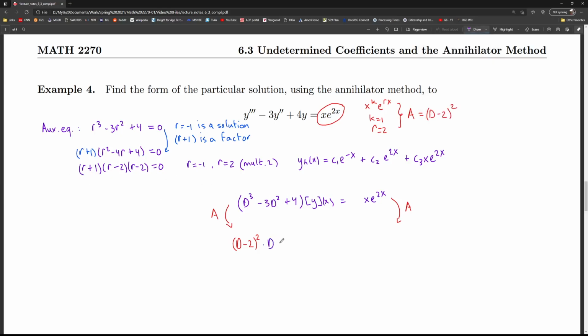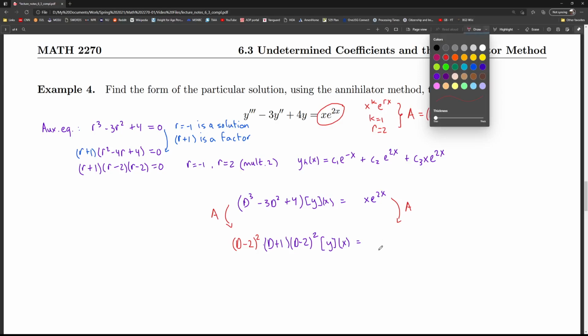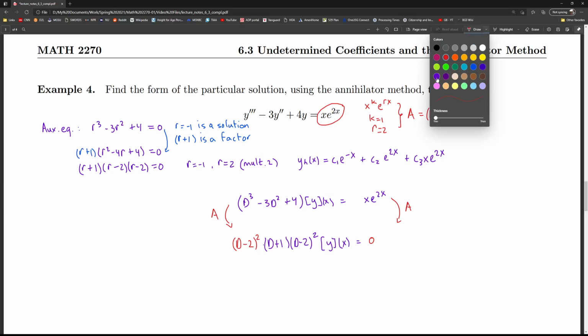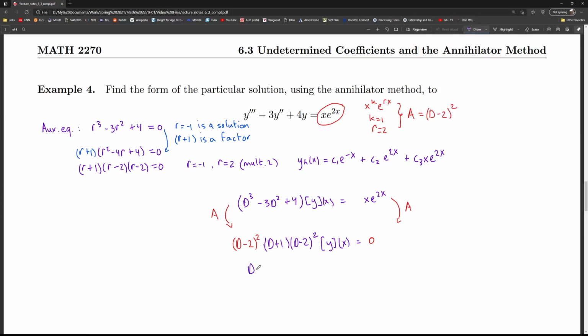So that's d plus 1 times d minus 2 squared, and that's acting on y of x. And then my right-hand side is just 0. And then, of course, I can simplify that a little bit. I get d minus 2 to the power 4 times d plus 1 acting on y of x equals 0.